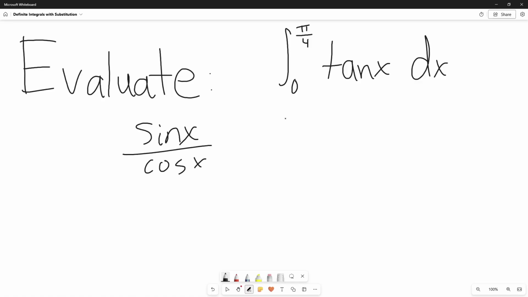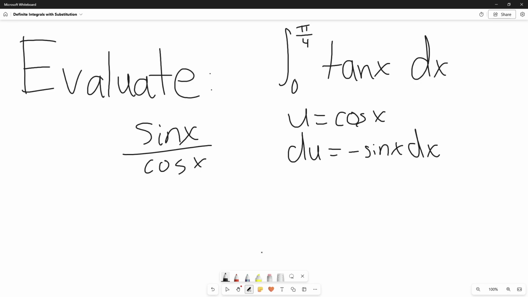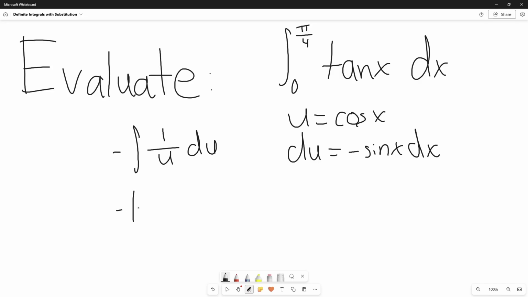And we can set u equal to cosine x, which means du equals negative sine x dx, which means our integral is just negative the integral of 1 over u du. And this turns into negative ln of the absolute value of u.